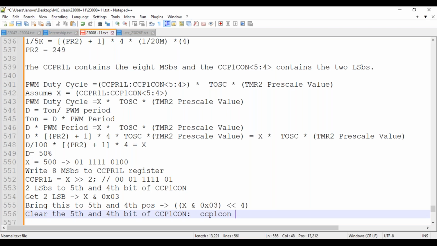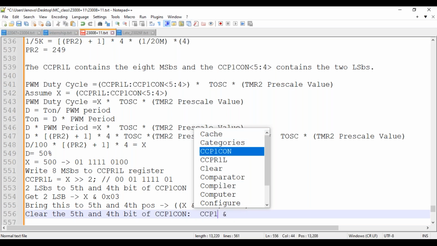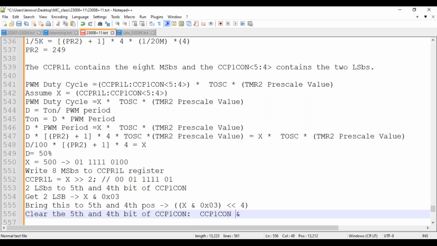CCP1CON, what should I do? AND with what? CCP1CON, AND with whichever position I want, I have to AND with 0. No, complement of 0x03 is not right. Only the 5th and 4th position I have to make 0.